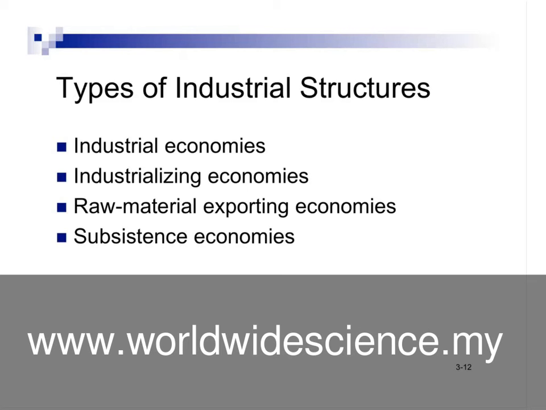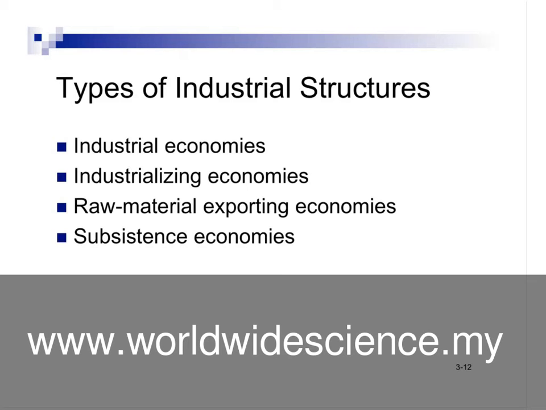Raw material exporting economies are those that just sell the raw material. They are not advanced enough to make any kind of changes to the products, and they will just send it to advanced or industrializing economies, and those will sell it.